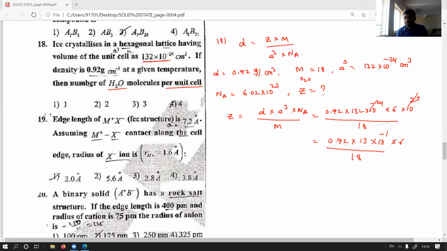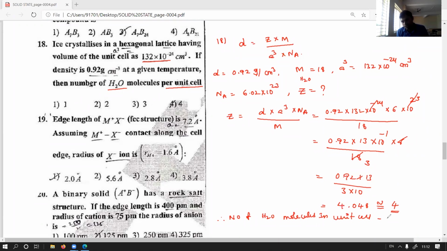Here 6 and 18 cancel, giving 0.92 into 13.2 by 3, which is approximately 4.048, and we consider it as 4. So the number of H2O molecules in the unit cell is 4.